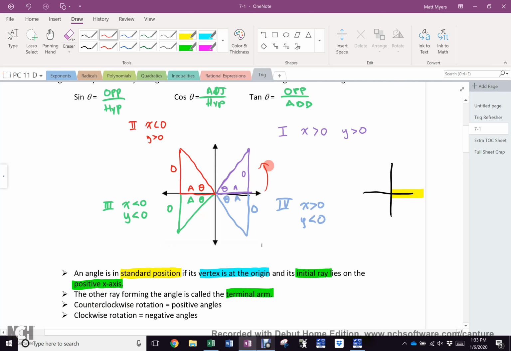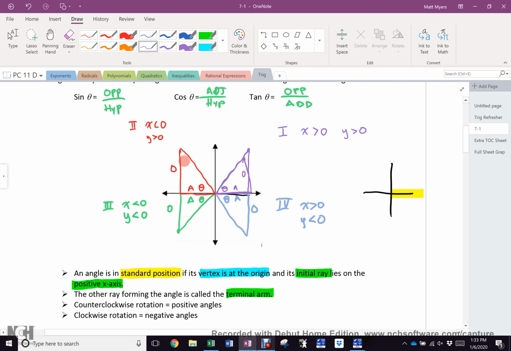Is it up or is it down? Up. If I go up from the x-axis, counterclockwise, I have a positive angle. So this right here in purple is a positive angle. What is the maximum amount it can be? 90. Because when I get to here, I've now gone past.